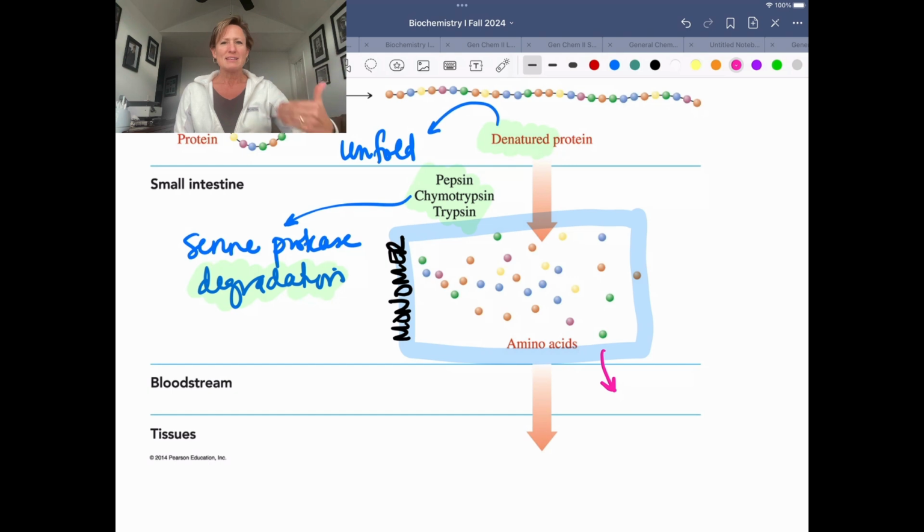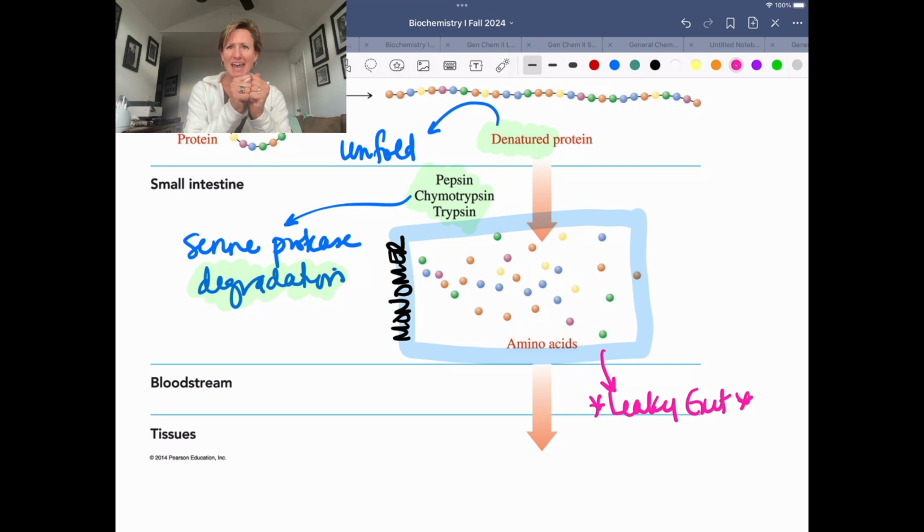So just to remind you of some of the stories that we talked about, the ability of these monomers to exit has to do with their transit across that single cell layer thick portion of your small intestine. We talked about if you lose integrity in your small intestine, we call that leaky gut. If the junctions between your individual intestinal epithelial cells aren't tight, we don't have what we call tight junctions, that means intact peptides or even full proteins can get out.